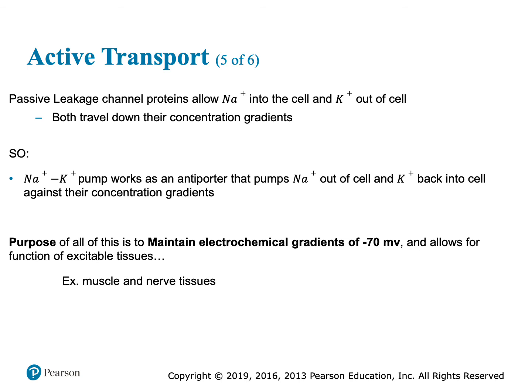So we're inside the cell, right at the bottom of the phospholipid bilayer. We have to maintain this negative 70 millivolts in order to excite tissues that need to get excited. So the purpose of this pump is to maintain this electrochemical gradient of negative 70 millivolts.